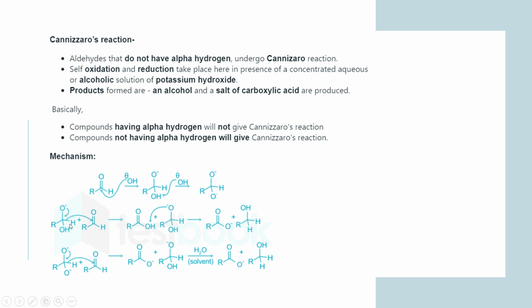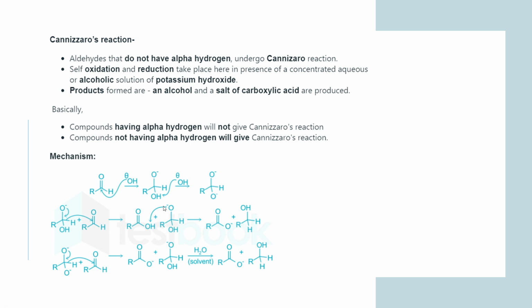Okay, and this intermediate product which you get here will undergo attack at the second molecule of the carbonyl compound that is present. Okay, so I think by mistake I have said that compounds having alpha hydrogen will undergo Cannizzaro reaction.